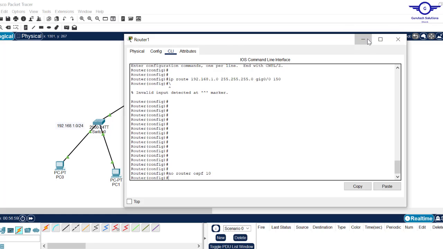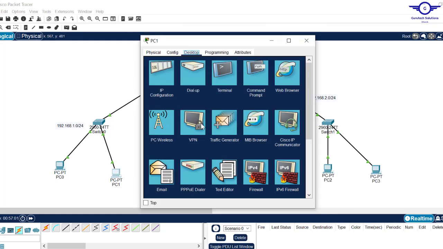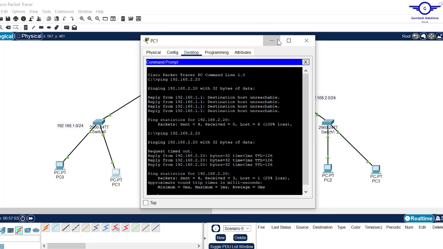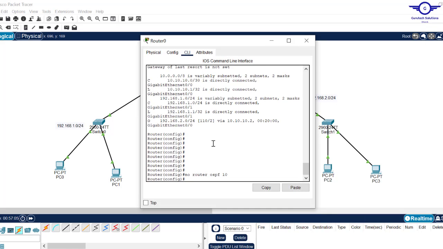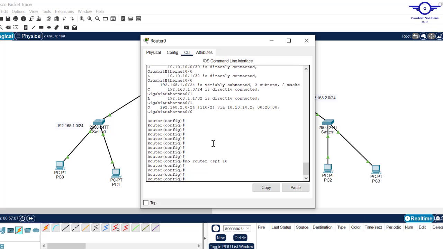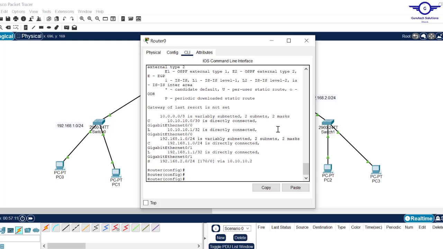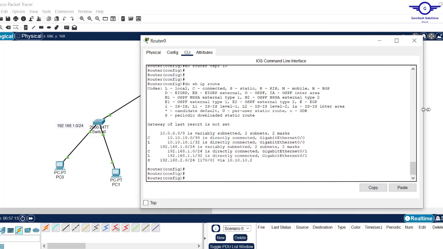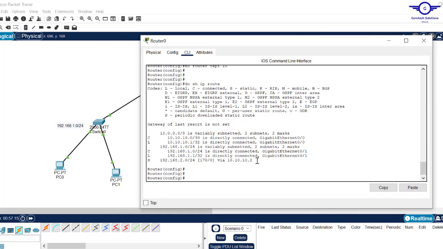Yes. That's just enough. Then I try to ping again. Before that, do show IP route. You can now see OSPF is not there. We only have the static route, which is labeled by S, with the administrative distance that we configured, which is 170.